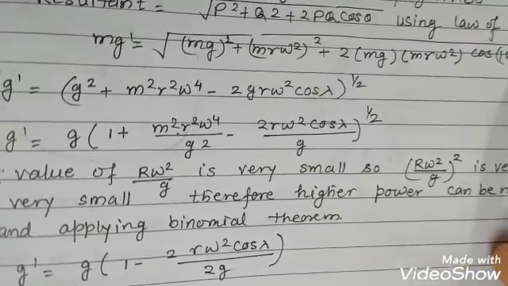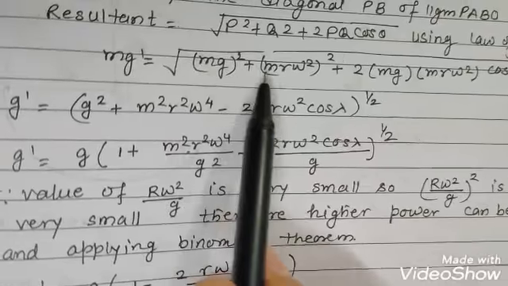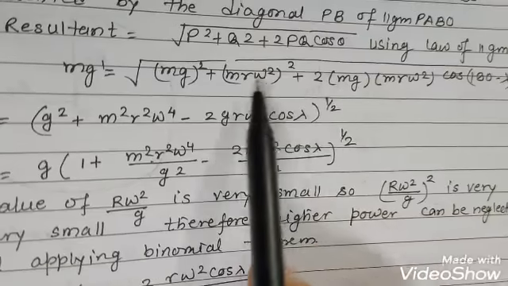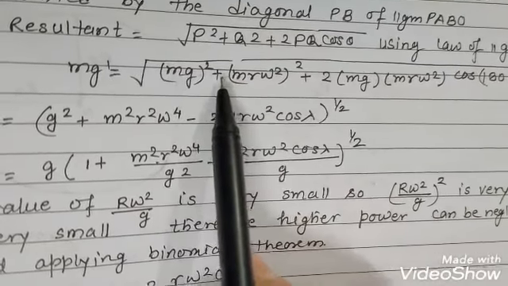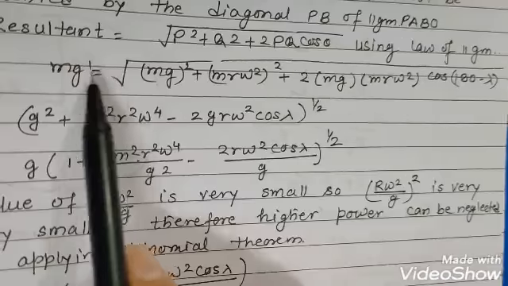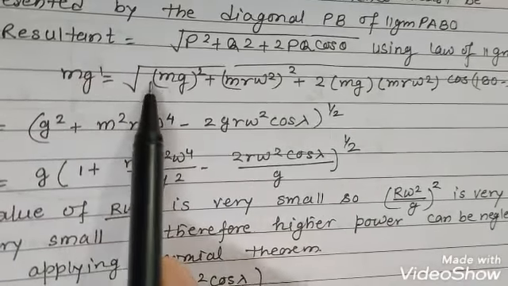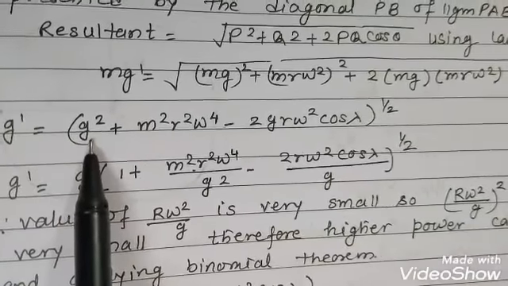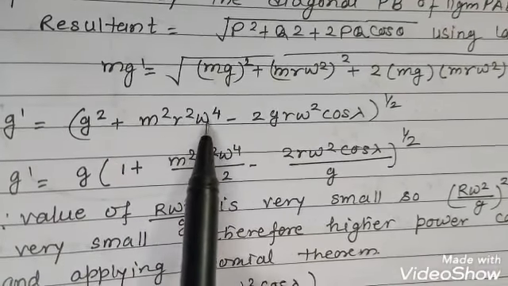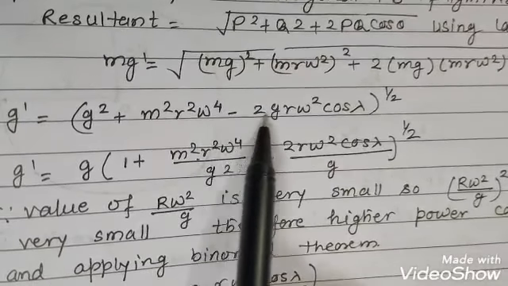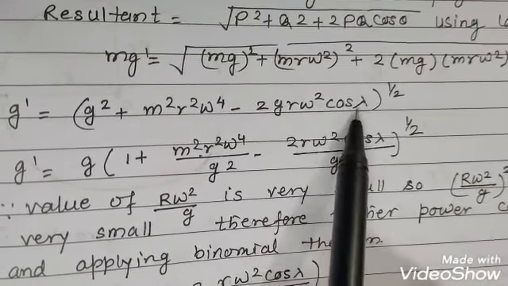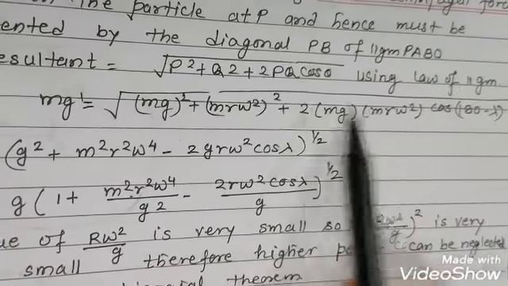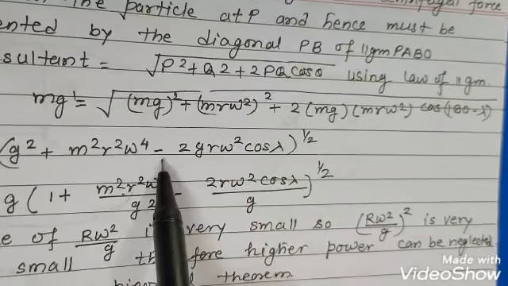Now we'll simplify it. Here m square is there in all three terms, so m square comes out of the root sign as m, and the m on both sides cancels. Now g dash equals g square plus r square omega to the power 4 minus 2g r omega square cos lambda, all to the power 1 upon 2, because cos 180 minus lambda is minus cos lambda, so the plus sign changes into minus.